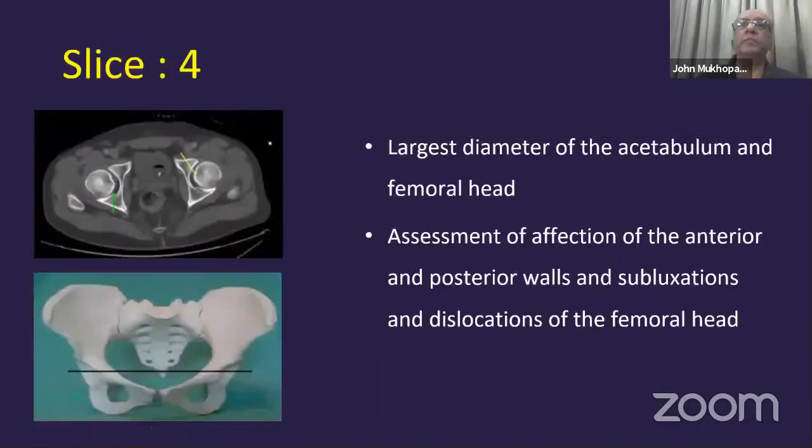The fourth slice is through the largest diameter of the acetabulum and femoral head. Okay, so right almost in the center of the acetabulum. And as I mentioned, this is where you can see the anterior wall and posterior wall fractures, which are usually oblique lines. It also allows you to assess the anterior and posterior walls and subluxations and dislocations of the femoral head.